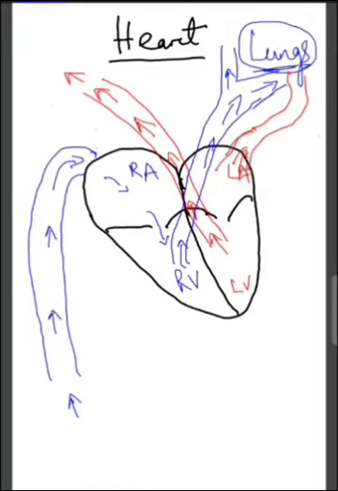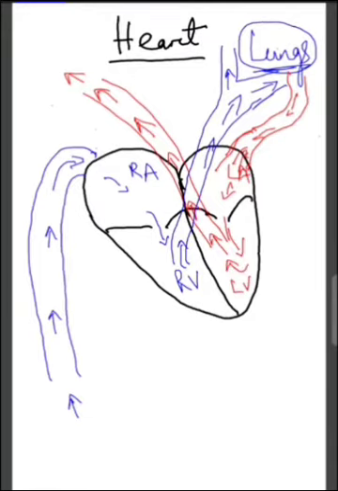In the left atrium, oxygenated blood is received from the lungs. Then this oxygenated or pure blood is transported from the left atrium to the left ventricle through the left atrioventricular foramen.